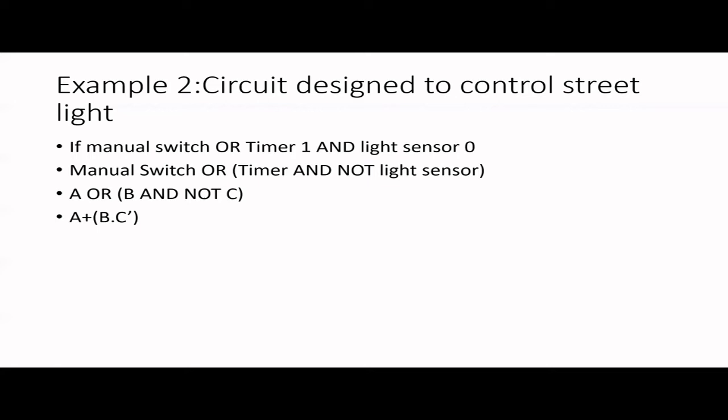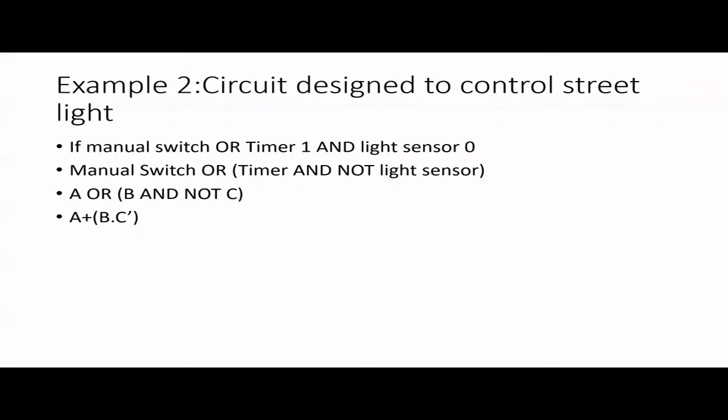Because sometimes, even at 6 p.m. or 6:30 p.m., there is still daylight, so you don't need to switch on the lights. That's why they look at the timer and the light sensor.